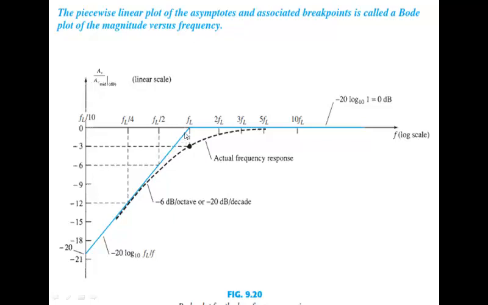You can also change the frequency in decades. So at FL it is at 0 dB, and at FL by 10 it is at minus 20 dB. So this is minus 20 dB per decade change in the gain of the response, or gain of the amplifier.